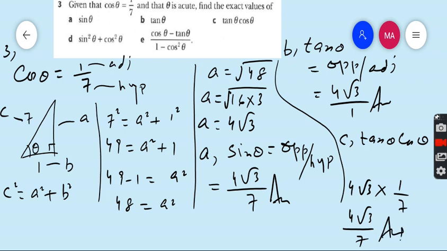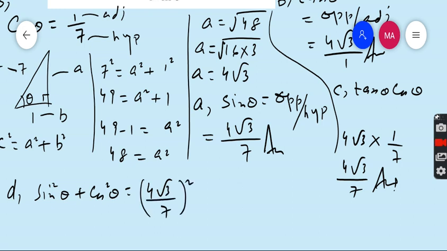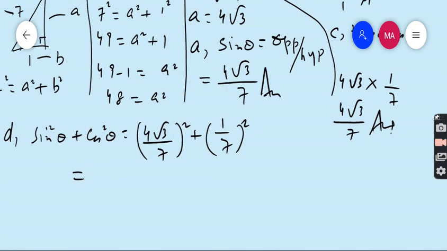Part D. Sin square theta plus cos square theta. Again you will get the answer 1. Sin square theta plus cos square theta. Sin theta we have found, 4 root 3 upon 7, square. Cos theta is given in the question, 1 upon 7, square. 4 square is 16.